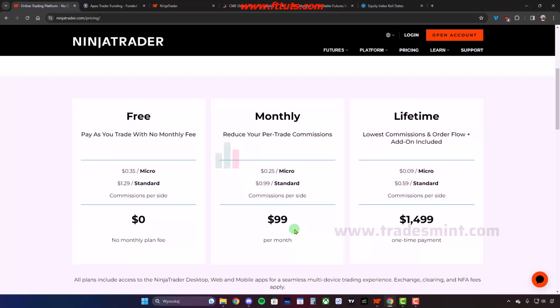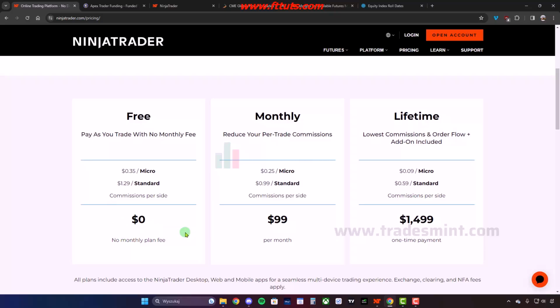Maybe if I would trade with 10 or 15 contracts with a really huge account, that would make some difference over the monthly period. But for now, the free plan is what I think is good. I chose this. I don't want to pay anyone anything extra.